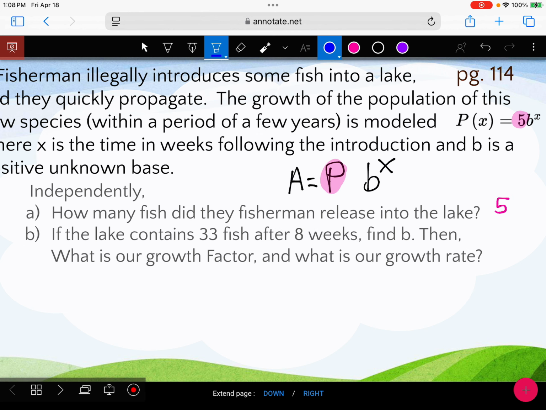We put 33 in for A. This is the amount that we have right now, because that is the number of fish that we have. We have our principal. We know that was 5. B is what we're trying to find. What's going to go in for X? 8. It was our unit of time. So B to the 8th.